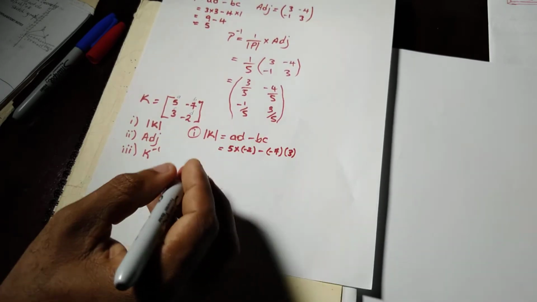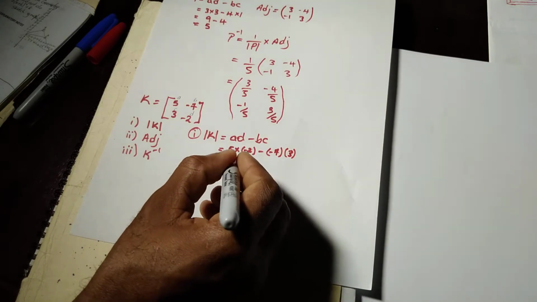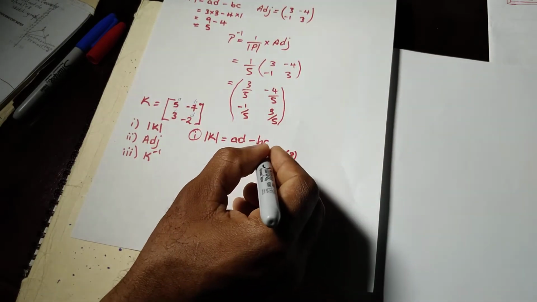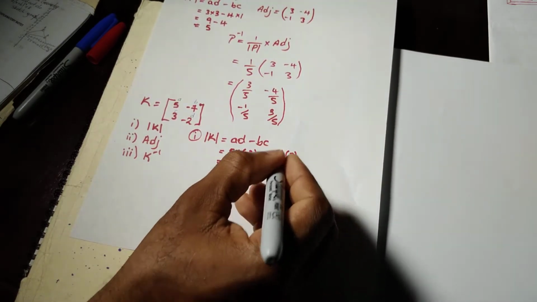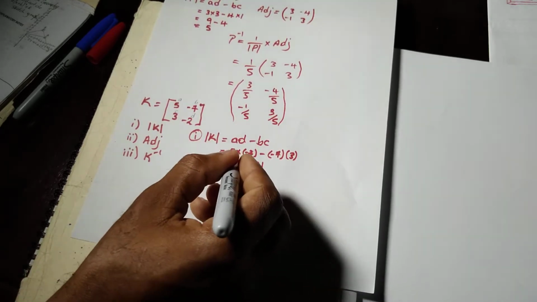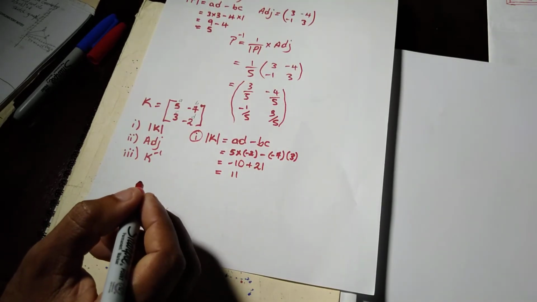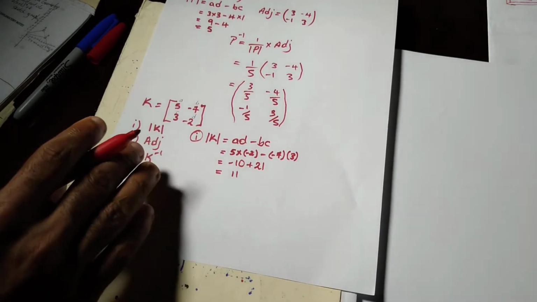Remember, bracket means to multiply. So minus 2 times 5, that's minus 10. Negative times negative gives positive, and 3 times 7 gives me 21. Now minus 10 plus 21 gives me 11. So that's the determinant for K.